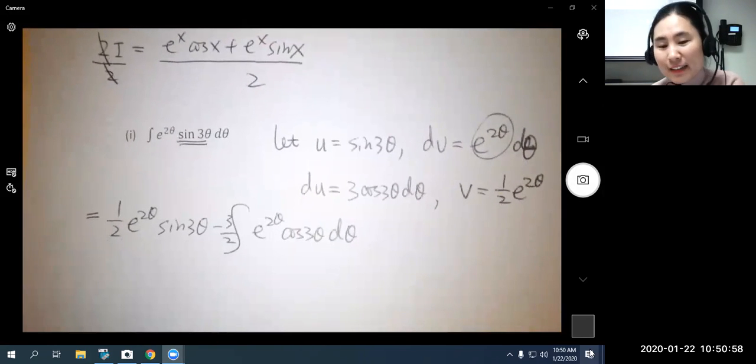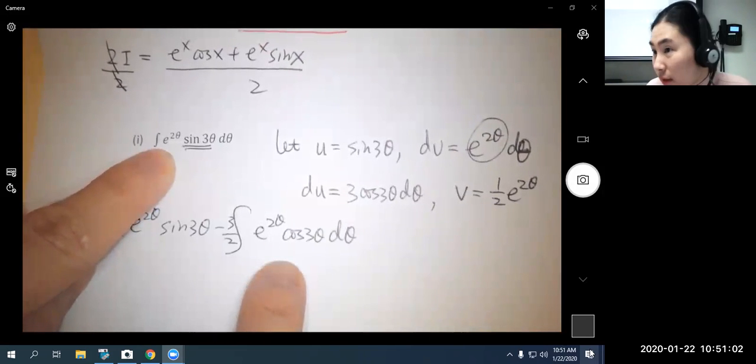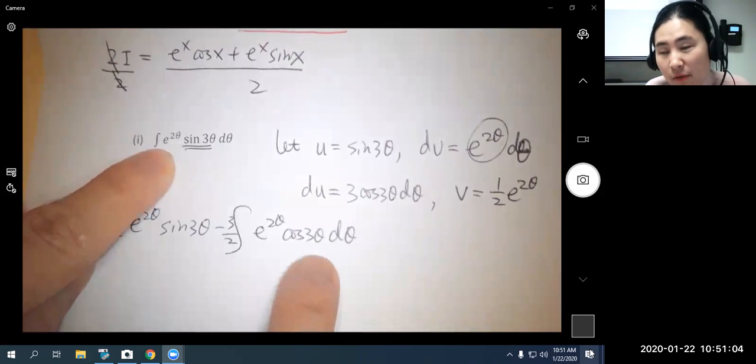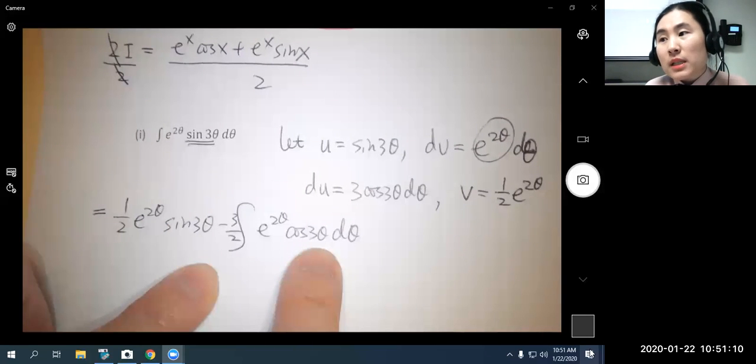So this integral and this integral, are they the same? They're not the same, but they are at the same level of complication. So what should we do? Use integration by parts again.